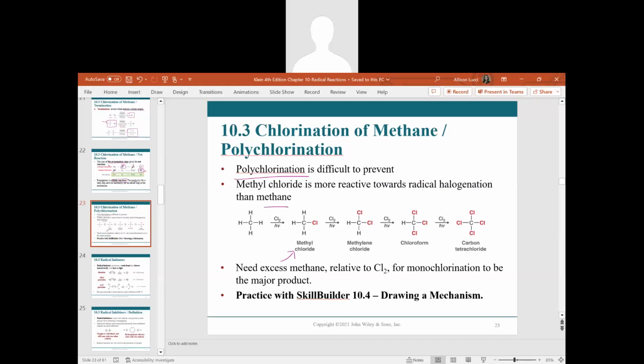So since this is more reactive, it's very hard to prevent. So if we only wanted monochlorination, we would need a lot more methane than the Cl2 species to only have monochlorination happen, or else we could end up with theoretically up to carbon tetrachloride here. So all four of those hydrogens could be replaced with chlorides.